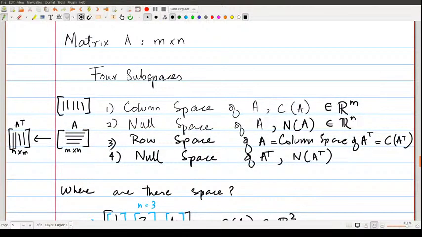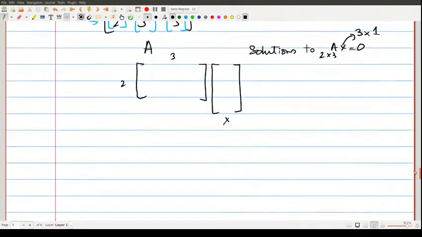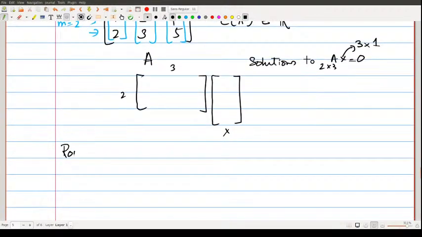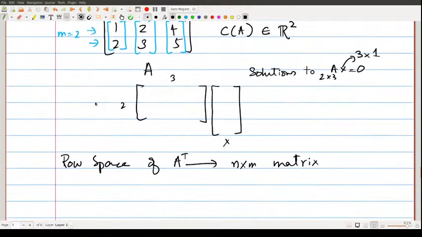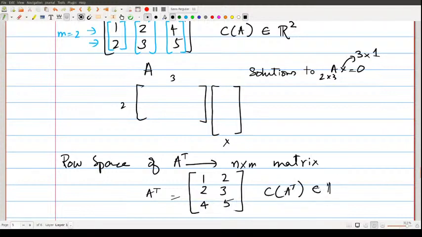And you can use the same kind of argument for the row space. So the row space, the column space of A transpose. Well, A transpose is now an n by m matrix. If I transpose this matrix, A transpose is 1, 2, 4, and 2, 3, 5. Now you can see that each column has three entries, which means the column space of A transpose will be in R3, which is Rn in our case.